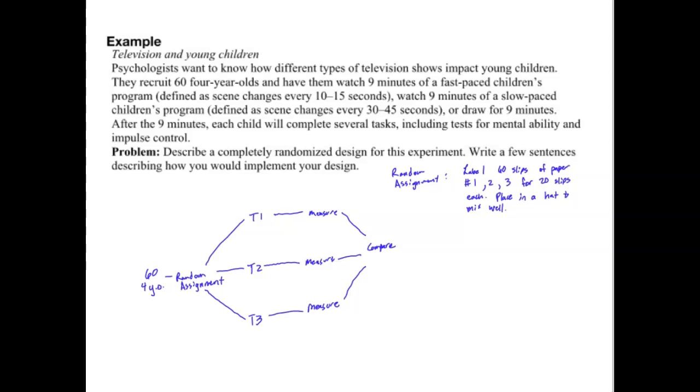That's a key step as well. When you use this kind of hat method, you have to make the statement mix well. That's the randomization. And then have each child select a slip.